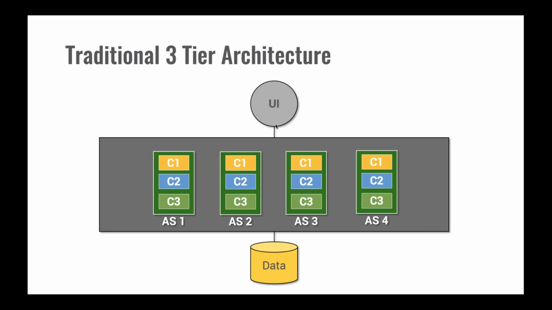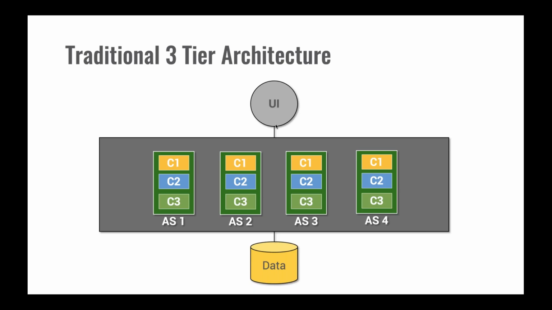Now, the components that are called C1, C2, and C3 are deployed inside the application server. They could be enterprise Java beans, or there could be COM+ components or CLR services. It doesn't matter. They are logical units of deployment that are running on every application server.